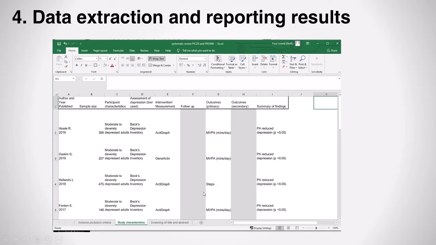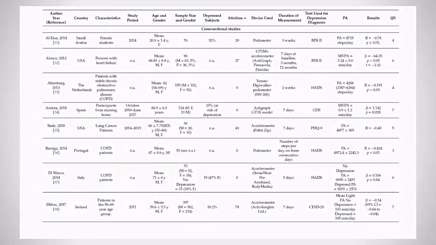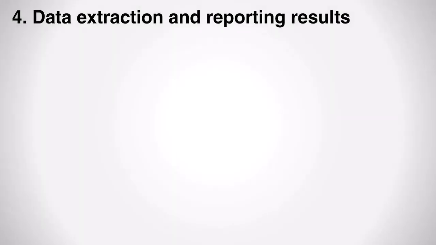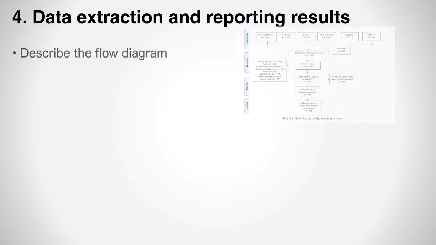This study used steps, so it's hard to compare when you're trying to do a comparison across studies. And here you can see a summary of the study findings, and obviously they need to be padded out to include a little more detail. But yeah, that's data extraction. You'd enter that into a table and just pop it into your systematic review.